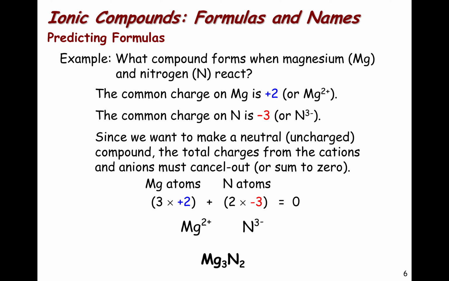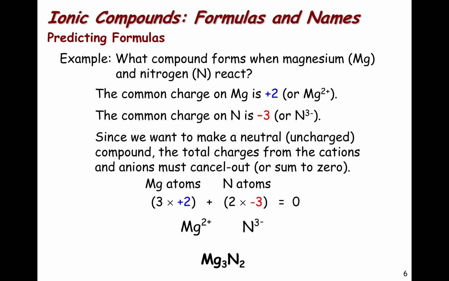In this particular case, if we take 3 times the 2+ from the magnesium ion, that would give a total of 6 positives. And if we take 2 times the 3- from the nitrogen anion, that would give us a total of 6 negatives. Adding those together results in 0 net charge.